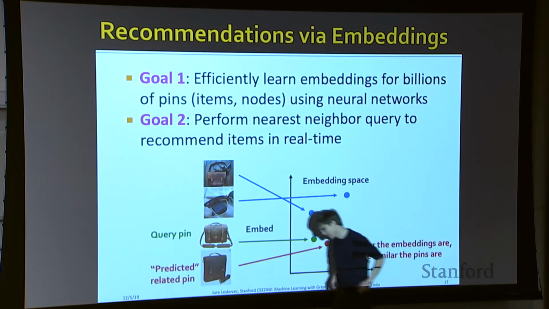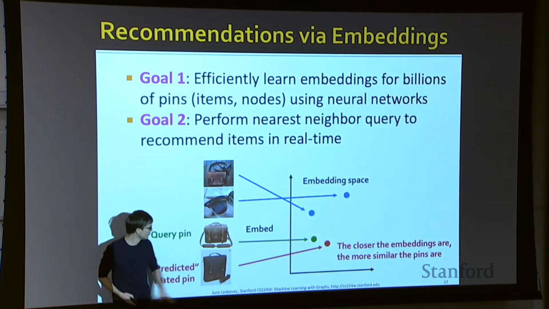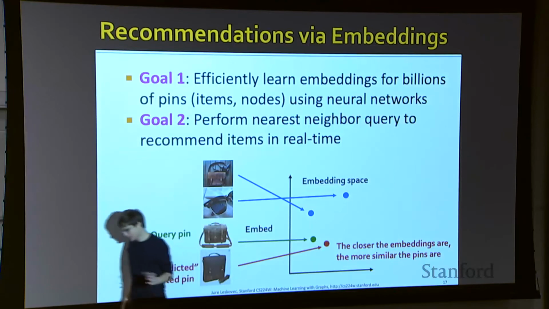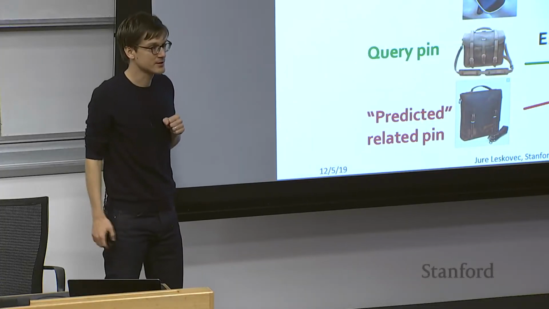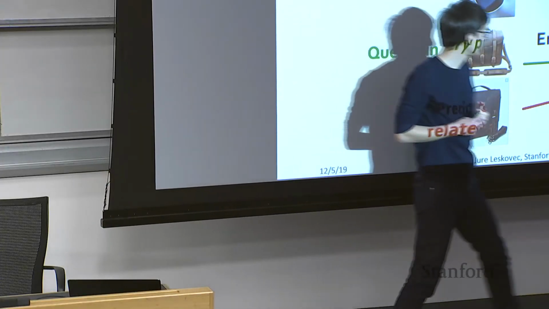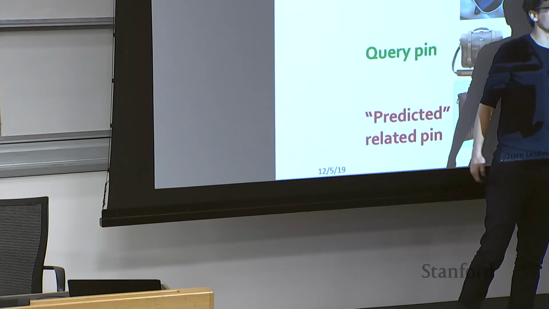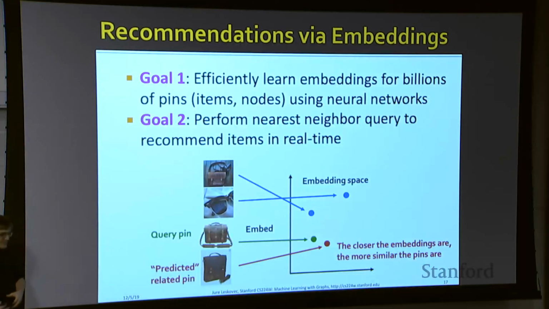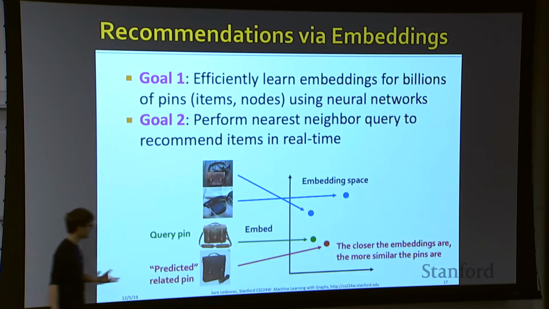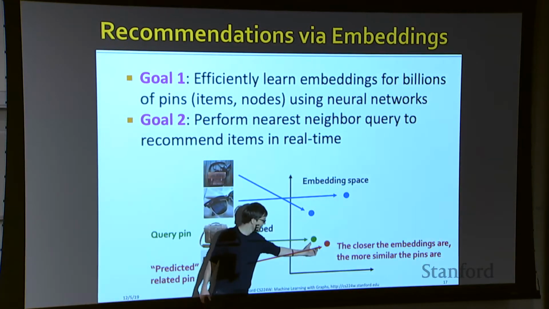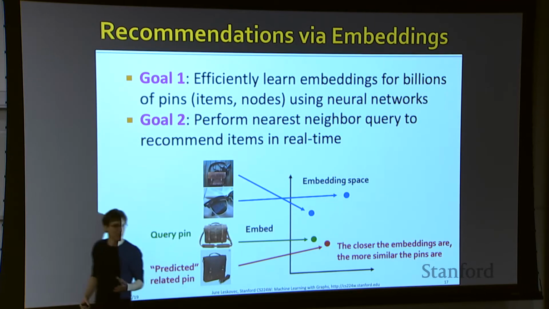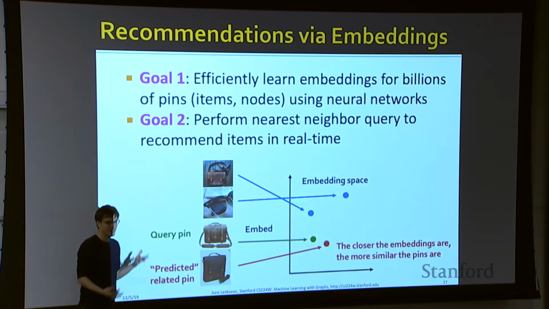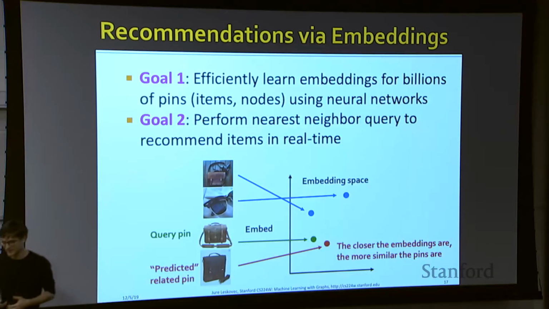If you want to know how to do this super fast, you should take my class next quarter. It's a method called locality-sensitive hashing that allows you to do this in constant time. And that's what powers everything, right? You need this kind of nearest neighbor search in high dimensions whenever you are doing anything with embeddings, and without that, embeddings are useless. So you really need that, okay?